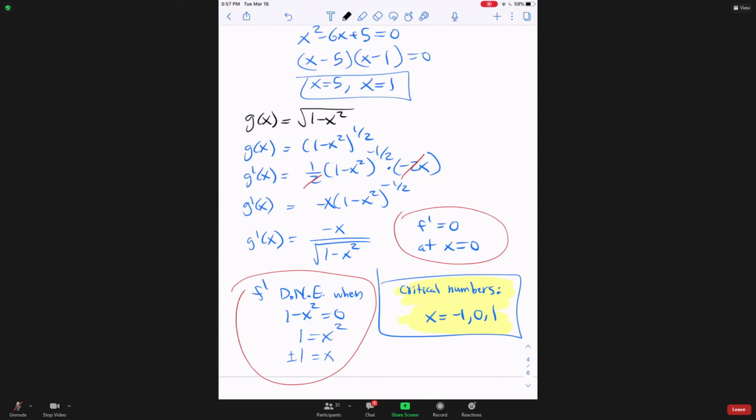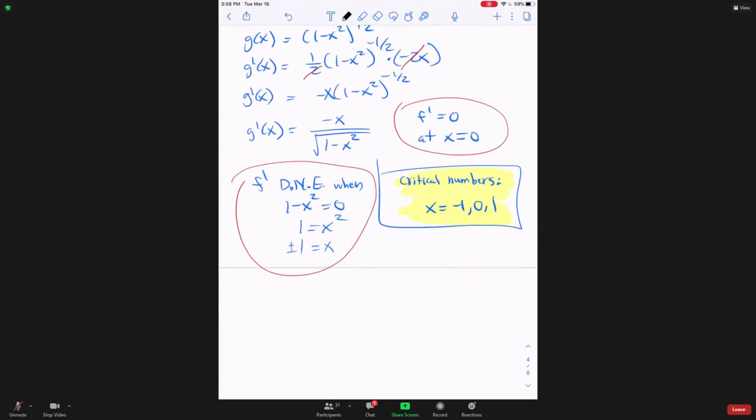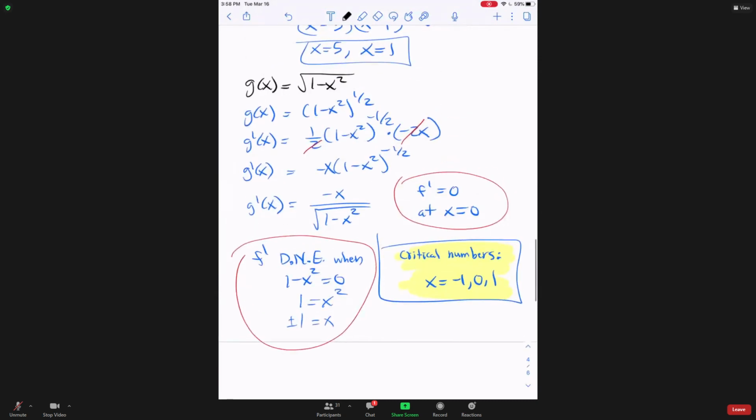All right, how are we doing on that? Where did f prime equals 0 come from? Well, I set the numerator of the derivative equal to 0 right there.